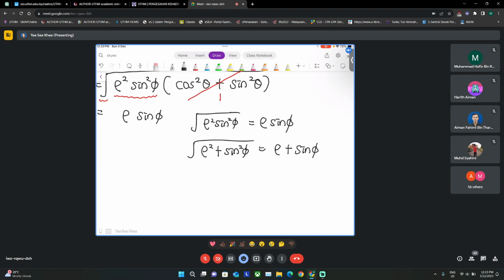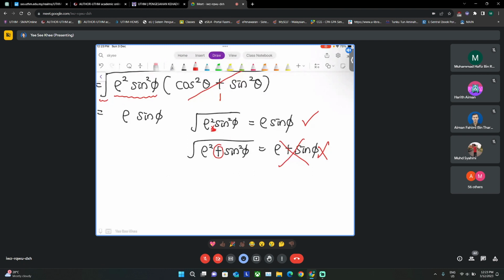The answer is no. Here you don't have anything between them, this is multiply. But this one is plus. So you cannot remove the square and square root like this. This is wrong. This is correct. When you multiply, you can do it. When you plus, you cannot do it.